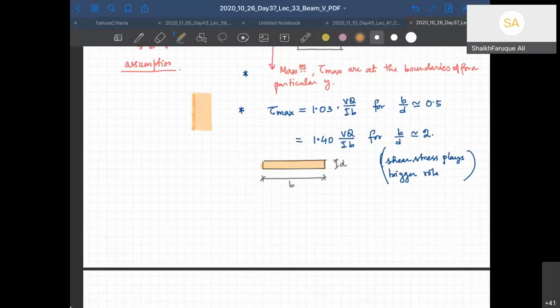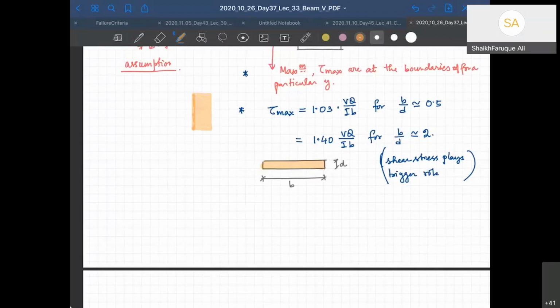We don't design for every y value, we design for the maximum value, so it is most of the time safe, and a factor of safety also takes care of these issues.